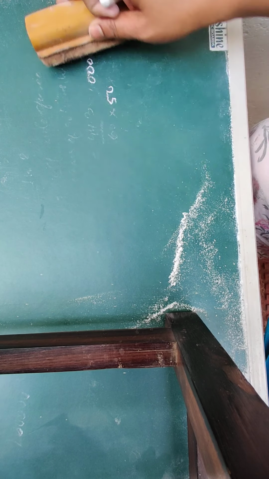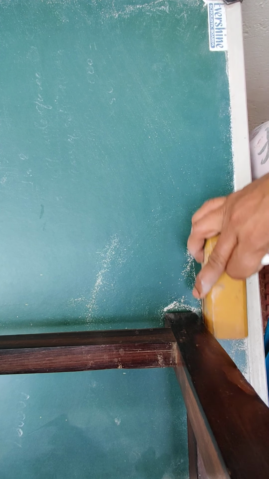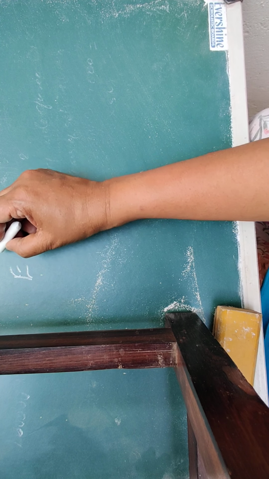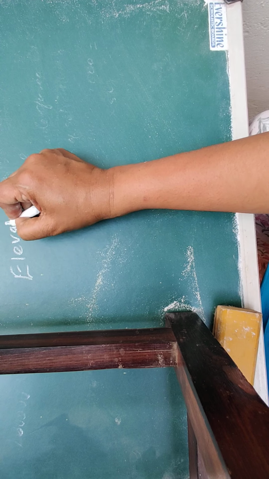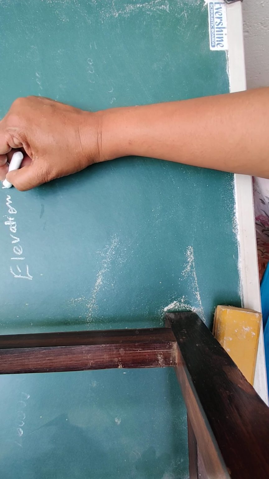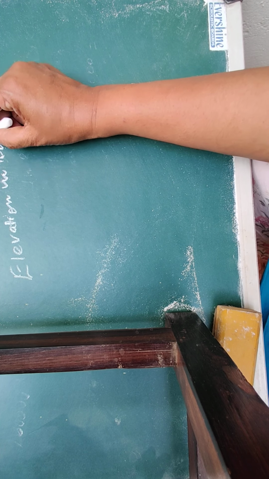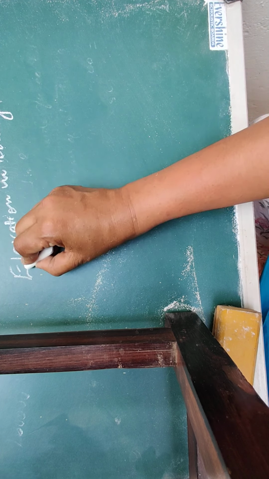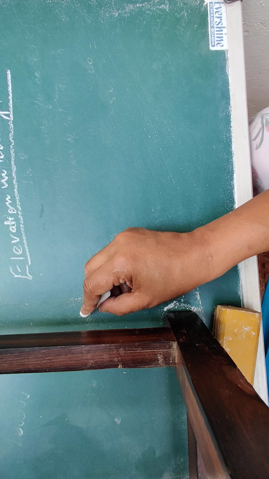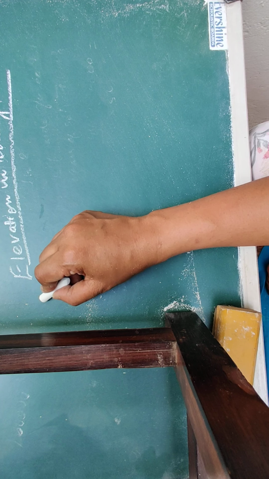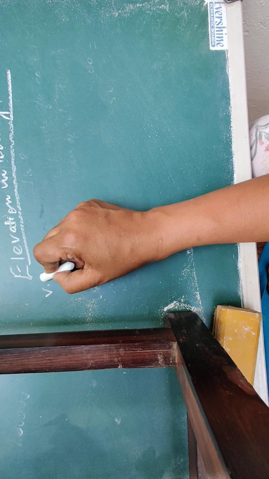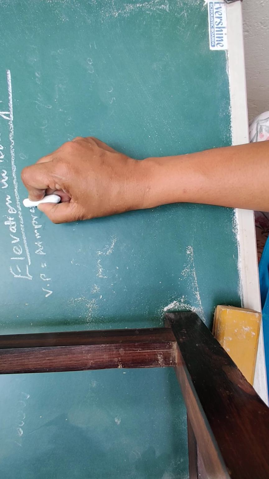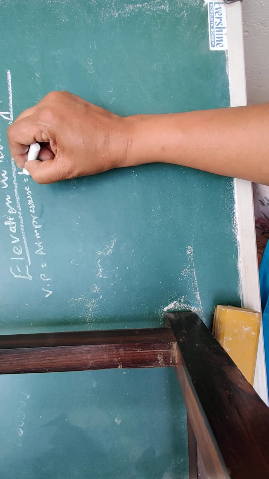The next colligative property is elevation in boiling point.